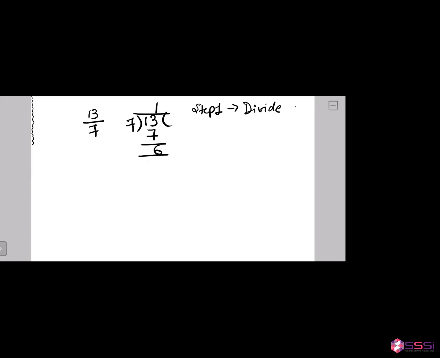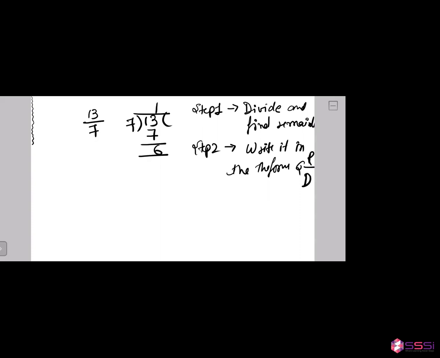Step 1 is divide and find the remainder. Step 2 is write it in the form quotient, remainder, dividend.